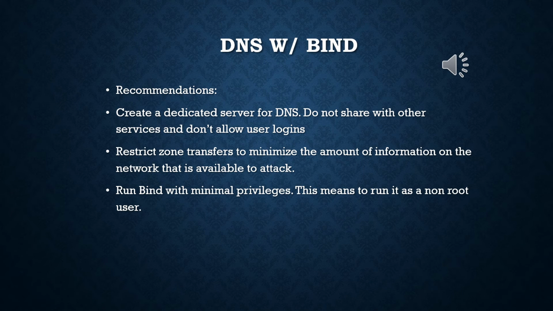Next is BIND, or the Berkeley Internet Name Domain. This is one of the most frequently used DNS servers in Ubuntu. As I previously said, as with most applications, DNS is always attacked, and there are many different security weaknesses that have been talked about for using BIND servers with Ubuntu.